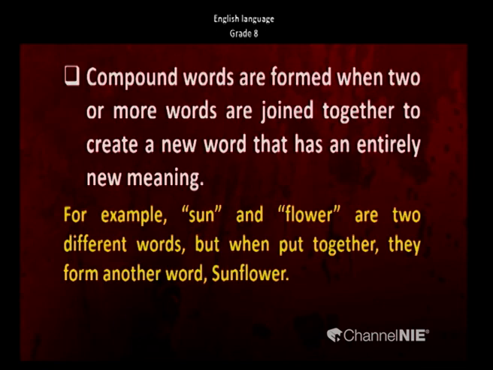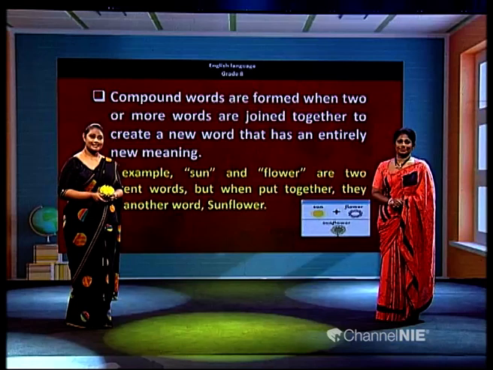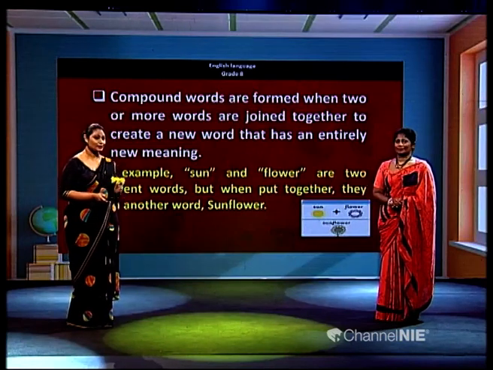It creates a new noun that has an entirely new meaning. For example, sun and flower are two different words, but when you put them together, they form another word, sunflower.